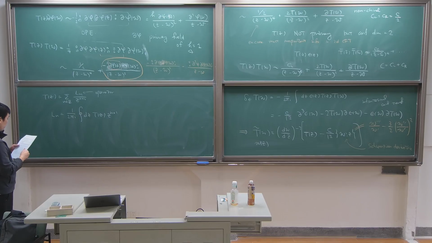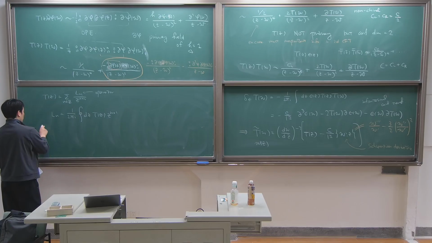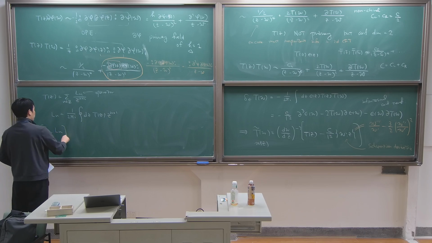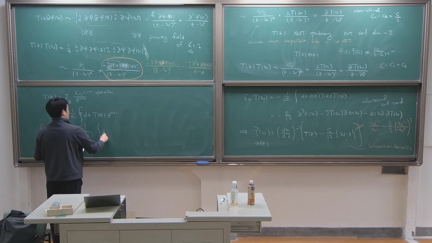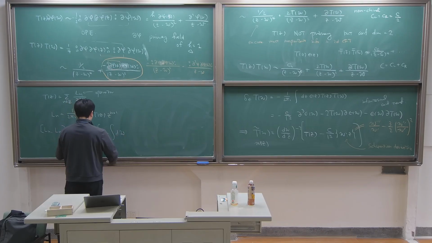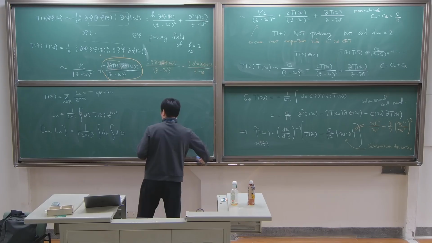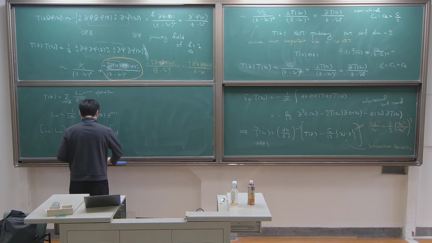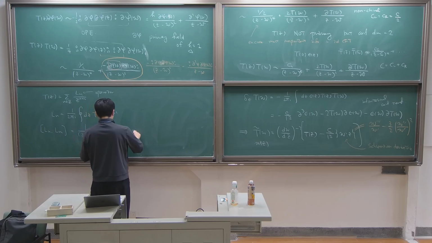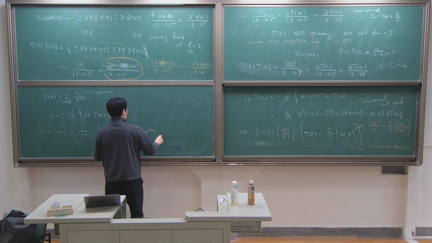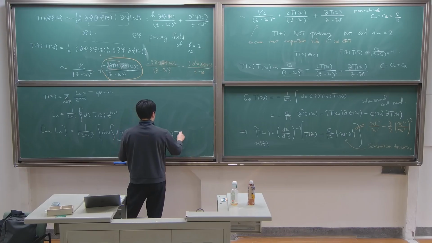Okay. So if you want to have the commutation relation between L_n and L_m, you can just write 1 over 2 pi i squared, the integral of dw around 0 and dz around w, of z to the n plus 1 and w to the m plus 1, times T(z) and T(w).